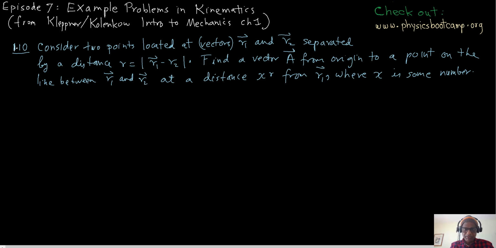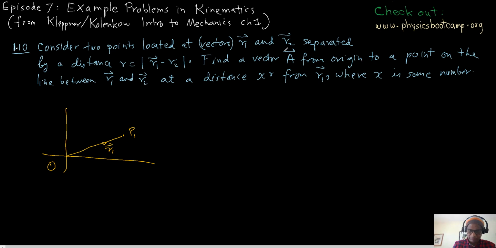Always when you look at a problem, if you just read the words, you can get pretty easily confused. So you draw a picture. These are position vectors, so you need an origin. This is a vector R1 to some point P1, the position of point P1.